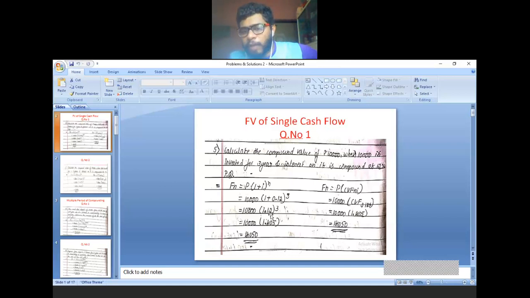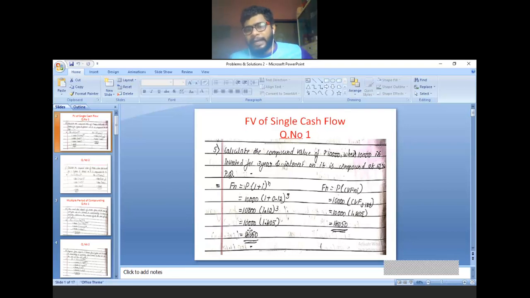Asifa, once you calculate and tell me, 1 plus 0.12 to the power 3 means how much? Quickly. Calculate yourself so that you will get the long figure, but take only the 3-digit value, 1.405.